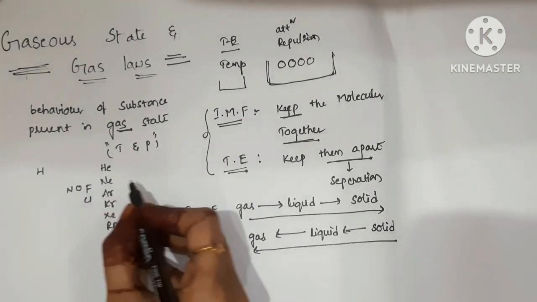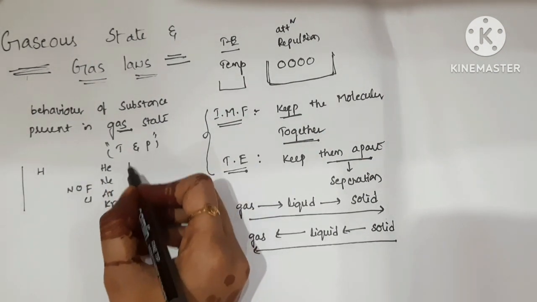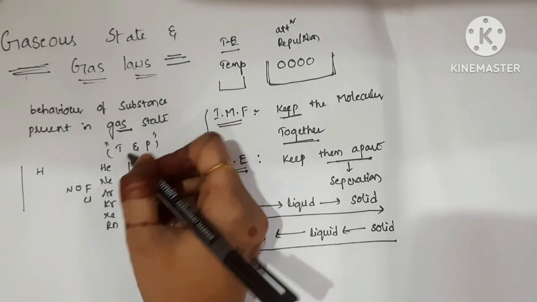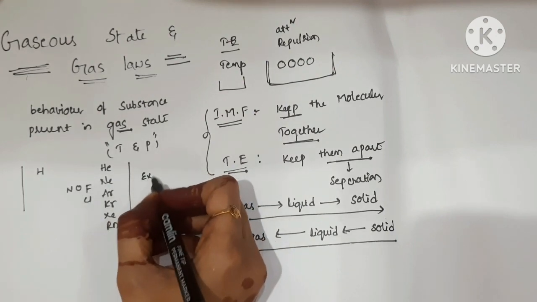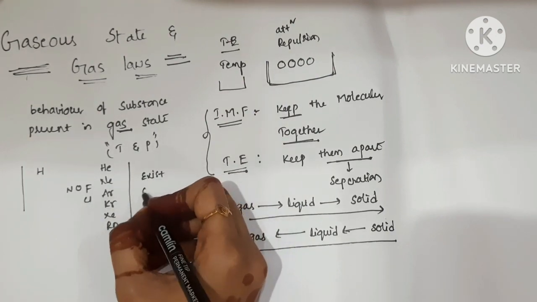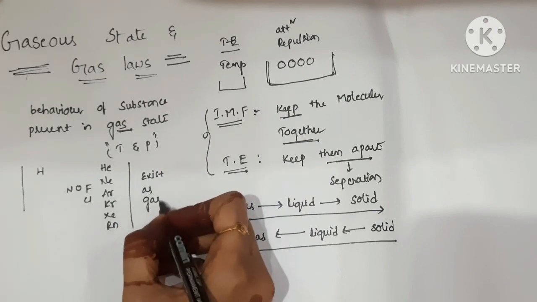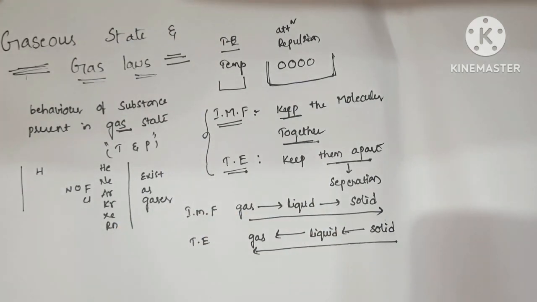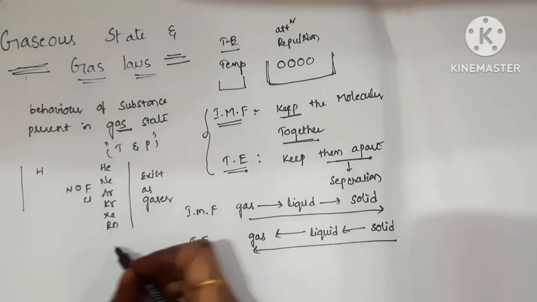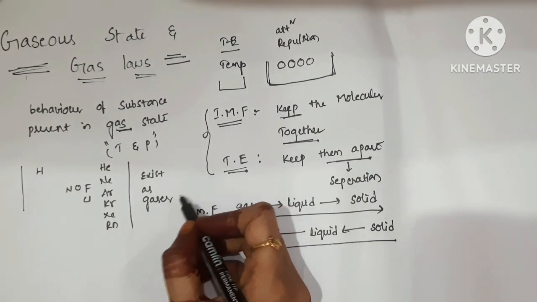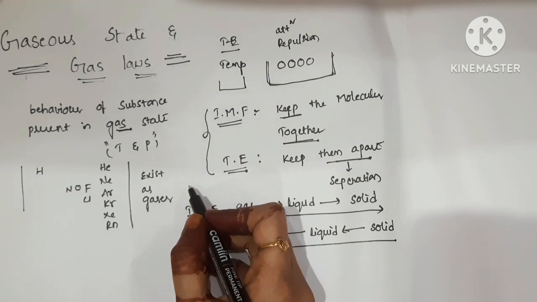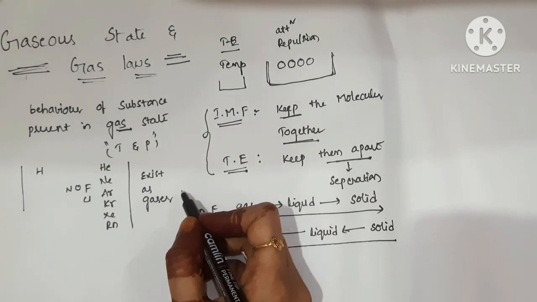These are the elements in the periodic table that exist as gases. Generally, gases are highly compressible. We can compress gases at any pressure and temperature.